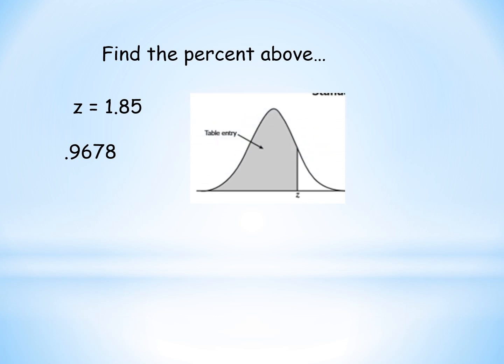It's going to give you the less than side of the curve. But what you want to know is the greater than side. You want to know this yellow side of the curve. But the whole curve has to equal 100% or close enough. So you're just going to take 1 minus 0.9678, and that'll give you this yellow side of the curve, or 3.22% will be above 1.85.